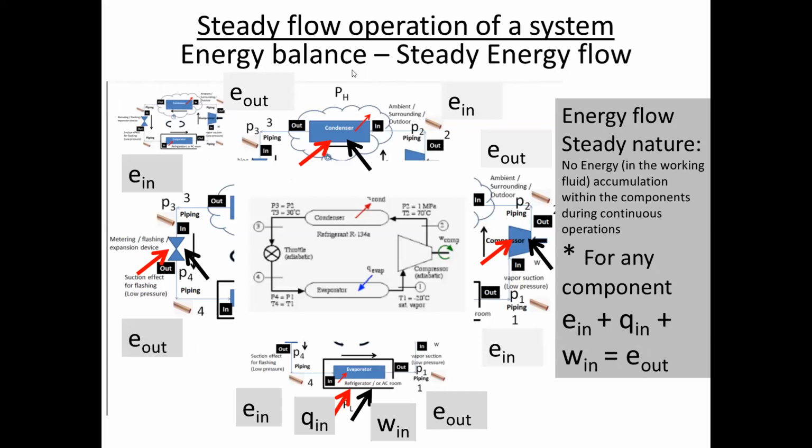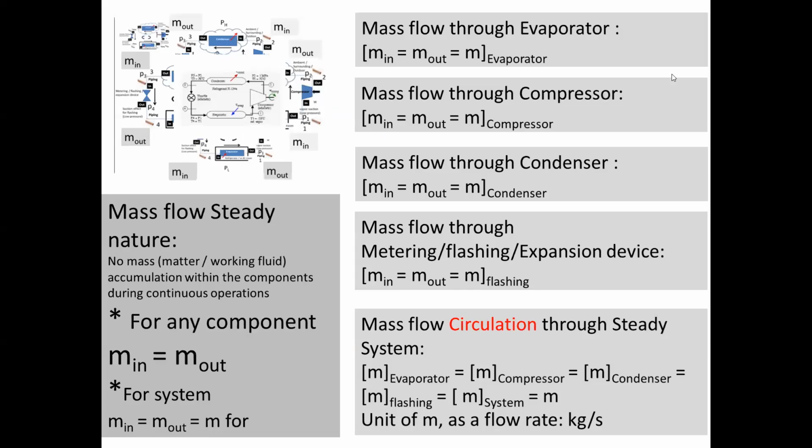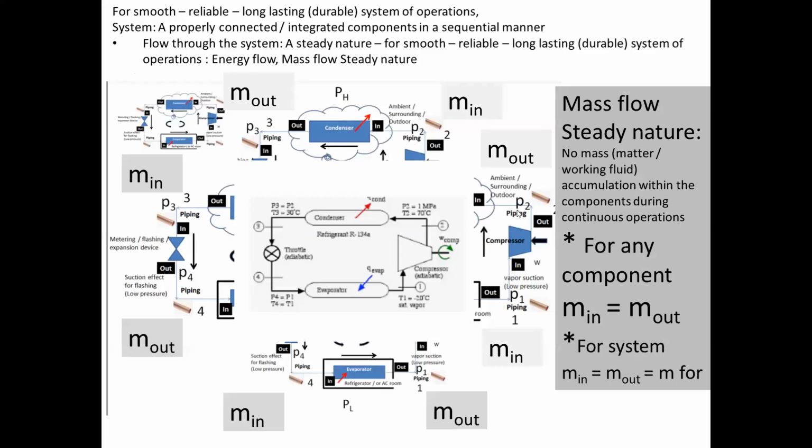Now comes the energy balance. It is different from the mass balance. So this component has a single inlet and a single outlet. The single outlet becomes the single inlet for the other component.